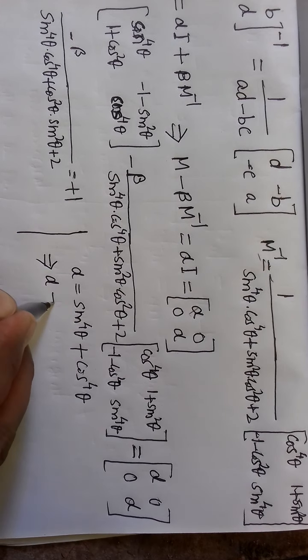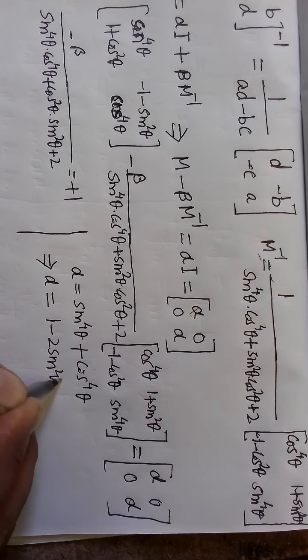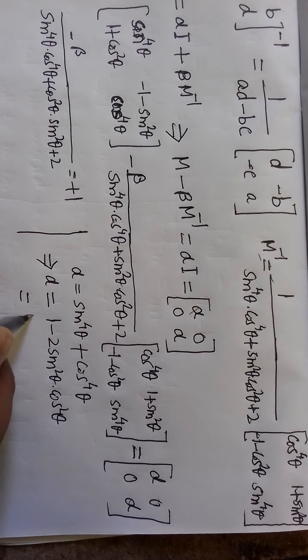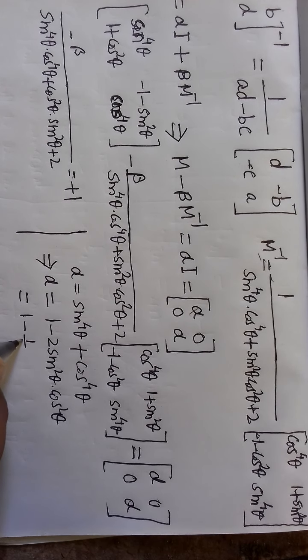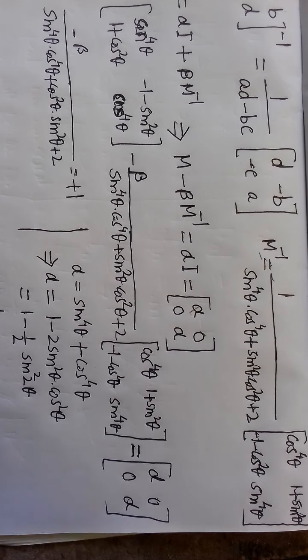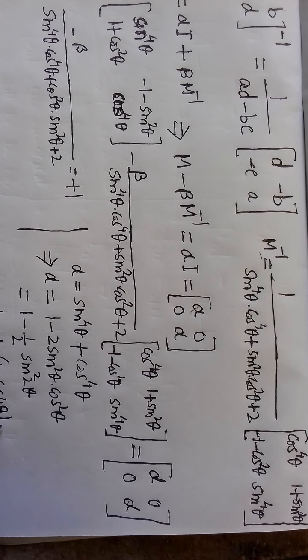This alpha can be changed as 1 minus 2 sine square theta cos square theta. The next step will be 1 minus 1 by 2 sine 2 theta whole square, and the next step will be 1 minus 1 by 4 into 1 minus cos 4 theta.